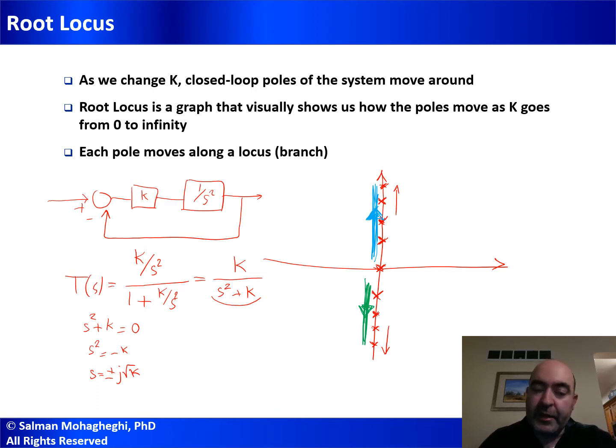So everything depends on this particular system that you have, whether it's a simple one or whether it's a complicated one. Nevertheless, the lessons are the same. What root locus does is it visually tells you where the poles of the system, the closed loop poles that is, where they move and along what trajectory.